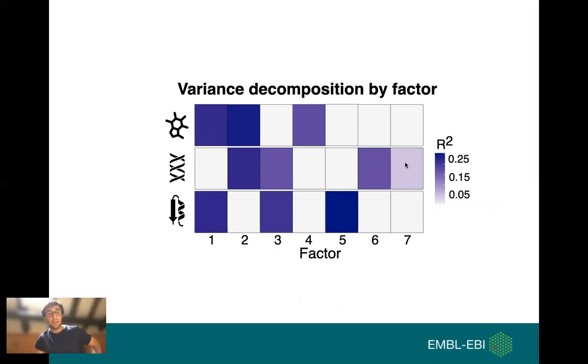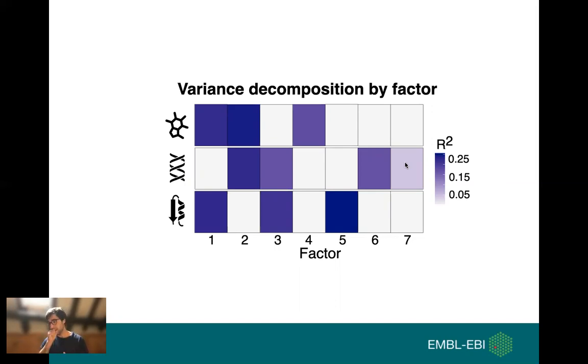The reason why I like this plot so much is because we're starting from a very complex, high-dimensional multi-omics data set. And this plot is capturing the different sources of variability in this data, represented in a very simple heat map.